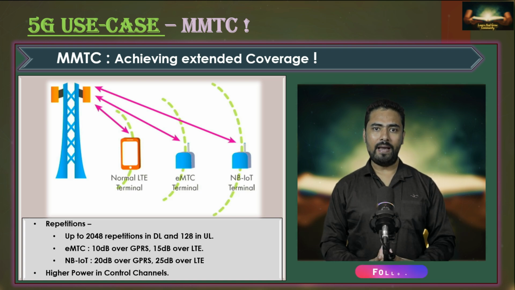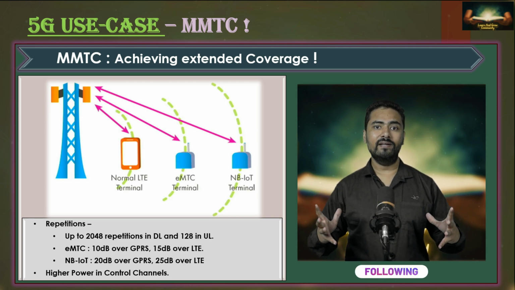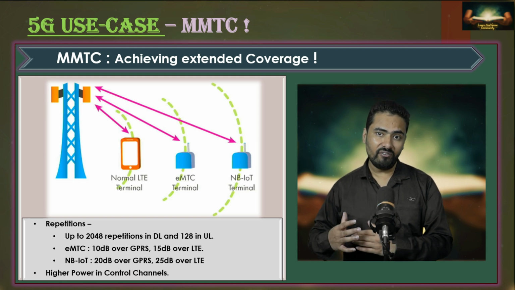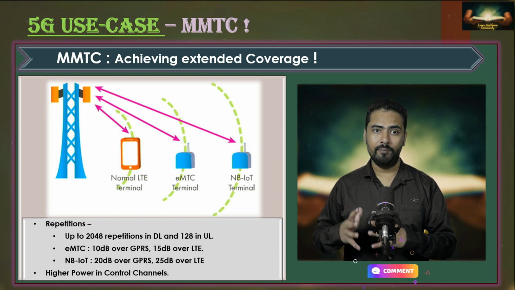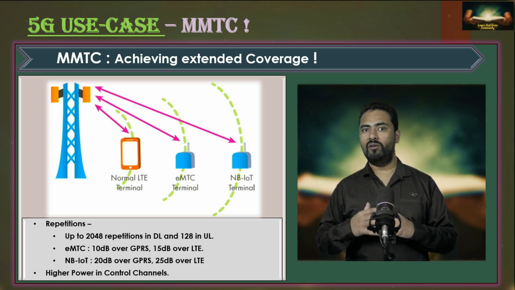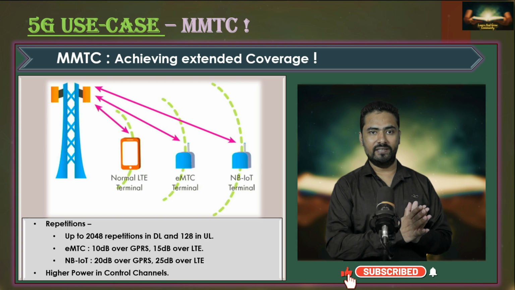By repeating the same packet, the receiver can accumulate more energy from each packet. This method can extend the coverage by up to 20 dB. It means devices which are far from the base station, or deep inside a building, can still have the possibility to receive the signal.